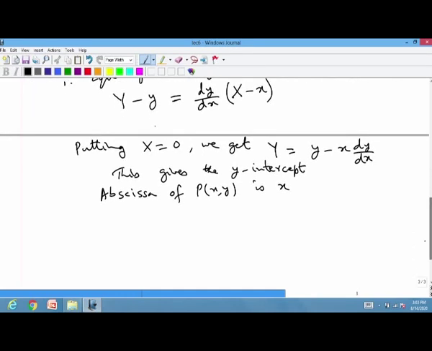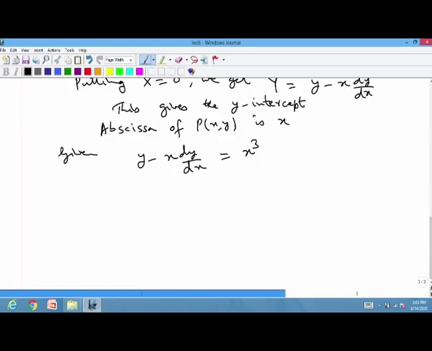So, what is given is the y intercept, y minus x dy dx, is equal to x cube. This can be rewritten as dy dx minus 1 by x times y is equal to minus x square. So, we divide the equation by minus x to get this.